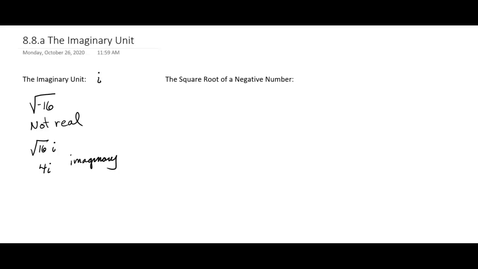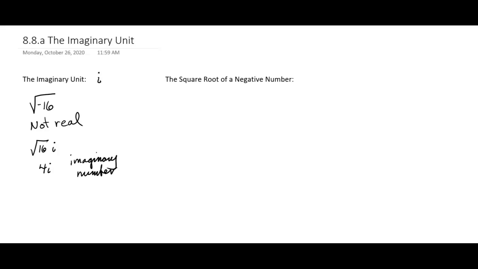Okay, so that's what we're going to work on in this section, imaginary numbers. They're not real numbers, but we do have a way to write them and to work with them.